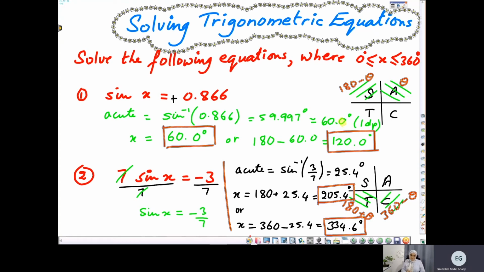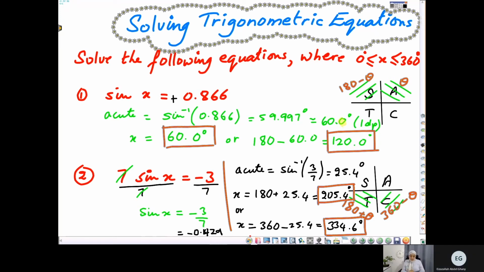3/7 in decimals will be negative 0.429. I need to check whether I got a correct answer or not. How to do it? Now check.